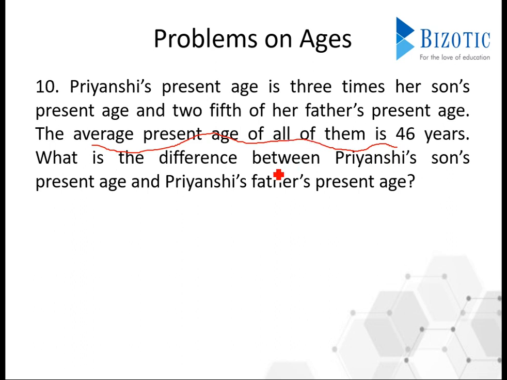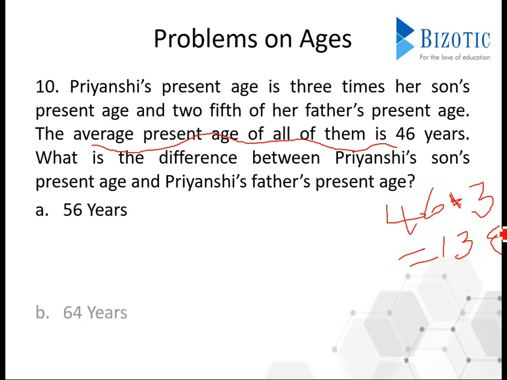That basically means you sum all of their ages divided by how many there are, 3, is equal to 46. So you can just do 46 into 3, because they have given the average, which is equal to 138. So 138 is what the equation should be equated to. We have four options, and now let's look into the solution part of it.